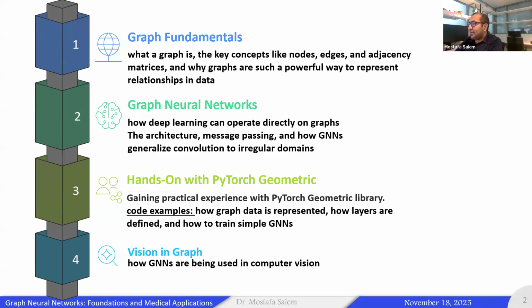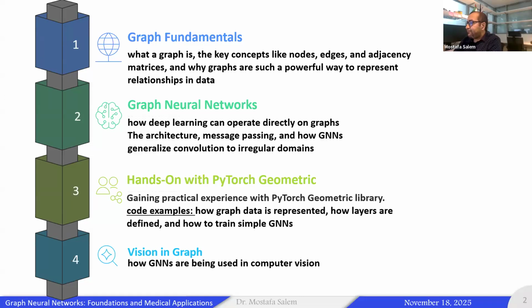Then we will get hands-on with PyTorch Geometric, which is the most powerful framework for building graph neural networks. I will take you through code examples so you can see how graph data is represented, how layers are defined, and how to train simple GNNs.